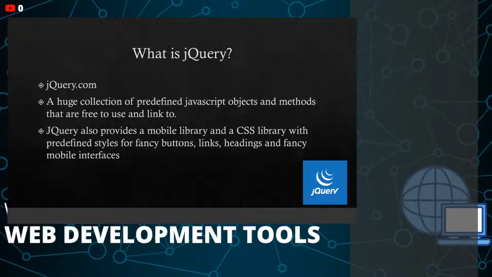So what exactly is jQuery and what exactly is a framework? Well, jQuery is found on jQuery.com. We can have a look at that in just a few minutes, at what all we can find on that website. But when we're talking about a framework, we're just talking about a huge collection of predefined JavaScript objects and methods that are basically free to use and just link to and use in our projects.